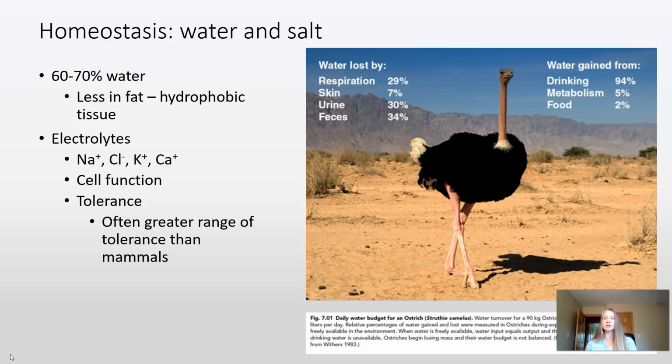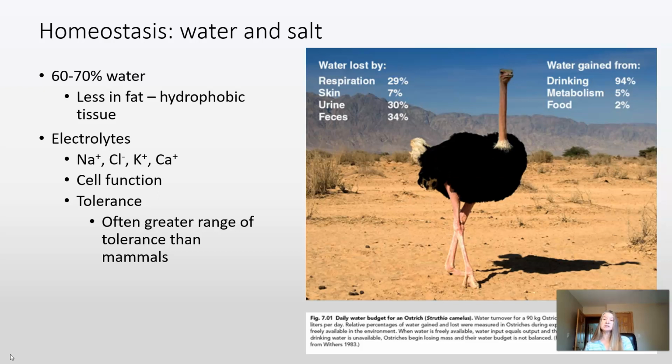Hopefully you have all learned about sodium and potassium channels and the effect of calcium and all of these electrolytes in cell function. And again, most organisms have a relatively narrow range of tolerance.